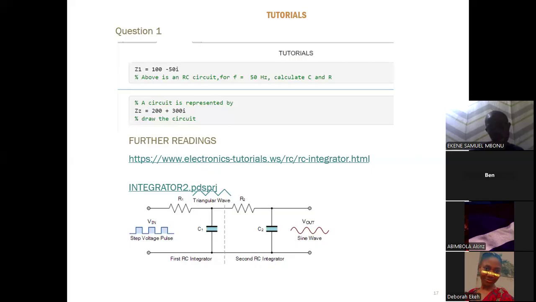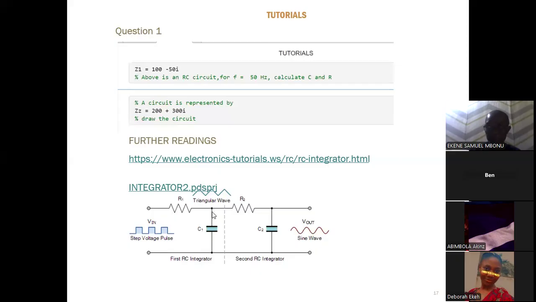So this is an integrator. This is a two-stage integrator. The first stage will give us a sawtooth. That is basic. This is as basic as a DC power rectifier circuit.